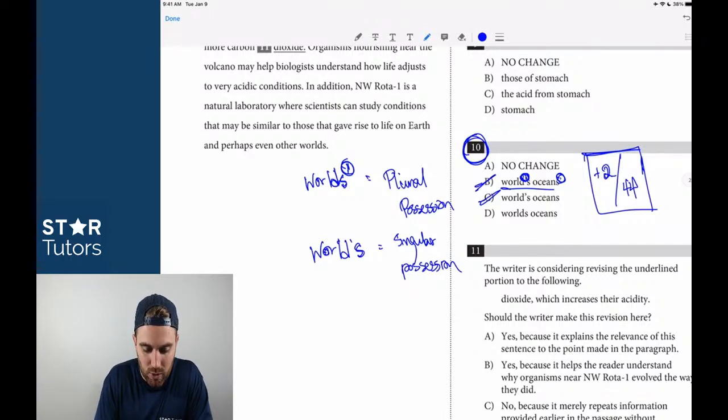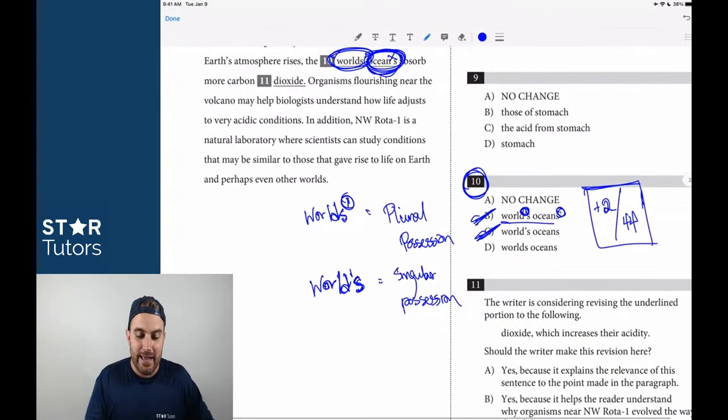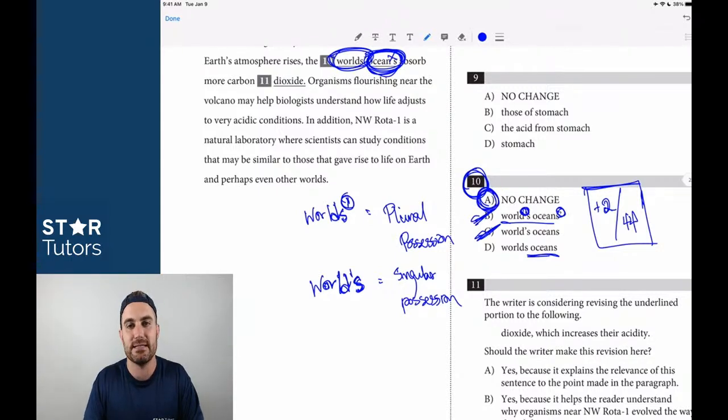If you see the world's like this with the apostrophe S, that means it's singular possession. So if A is right, then B and C cannot be right. Then we look at D: yes, we have oceans as plural, but we don't have an apostrophe at all, so the answer choice for number 10 has to be A.